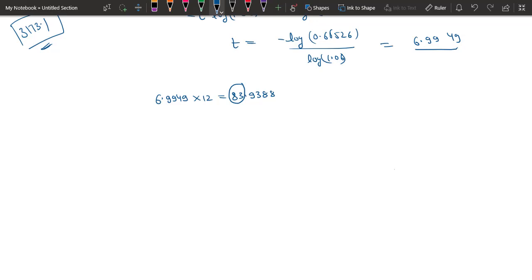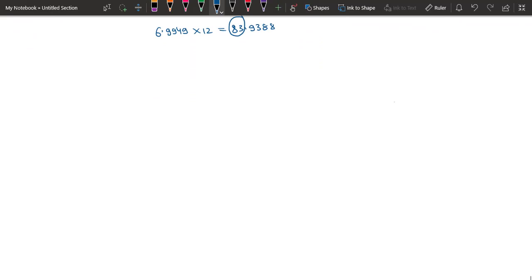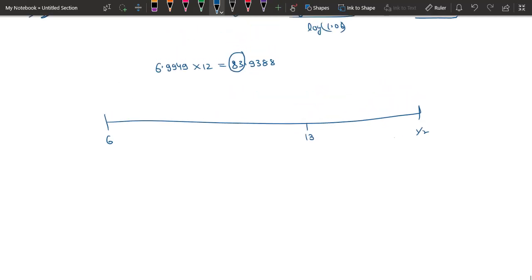But the last installment will not be completely one. It has to be something less than that. So let's say this was your year 6. And after 7 years, that means approximately 7 years, you will be paying until year 13. So after 83 installments, counting from here for 1, 2, 3 and so on, you will be able to pay 83 installments completely.